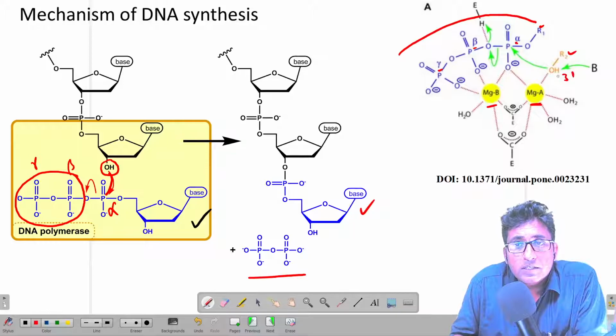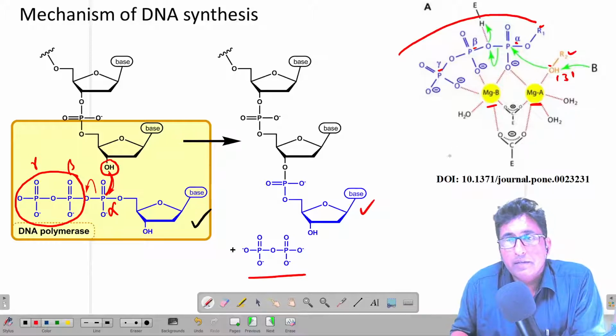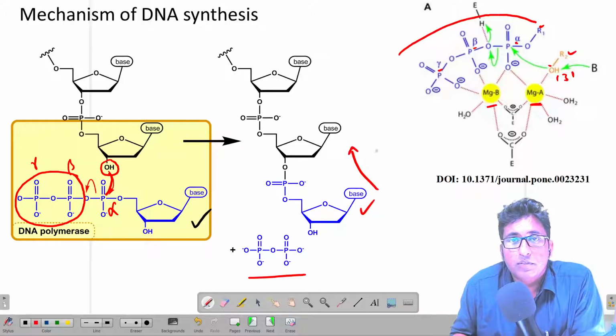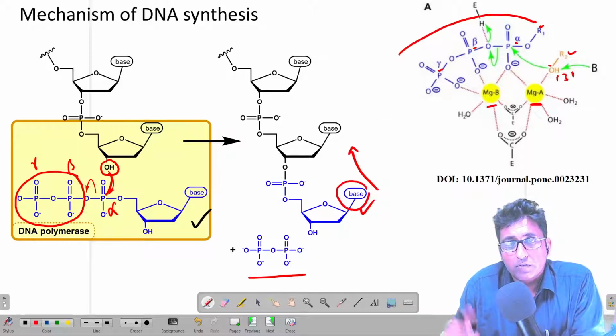The 3 prime OH gets activated by losing one of its hydrogens, because of which the oxyanion is formed, and the oxyanion makes a nucleophilic attack on the phosphate and forms a bond with it. It makes a phosphodiester bond, releasing the pyrophosphate, and thereby one base is added to the growing chain of the primer. Which nucleotide should come here depends on the template, which we will discuss later on.